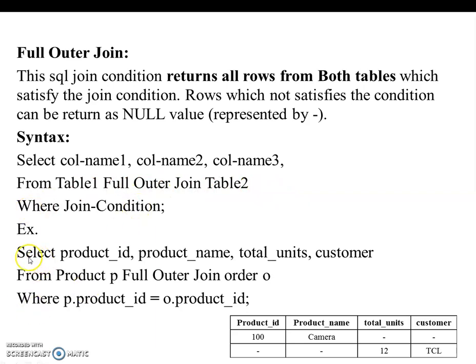And the example is select product ID, product name, total units, customer from product P full outer join order O where P dot product ID is equal to O dot product ID. So whatever matches this condition will get displayed as the result of the full outer join. It combines left outer join along with right outer join.